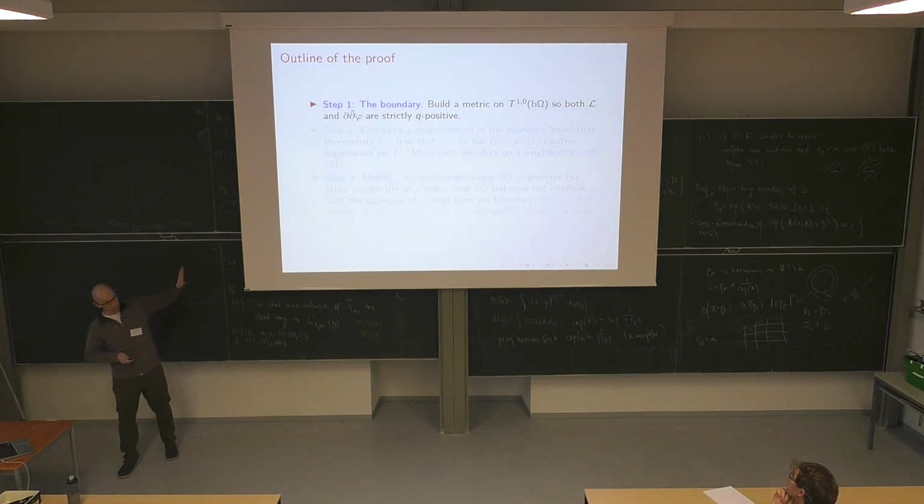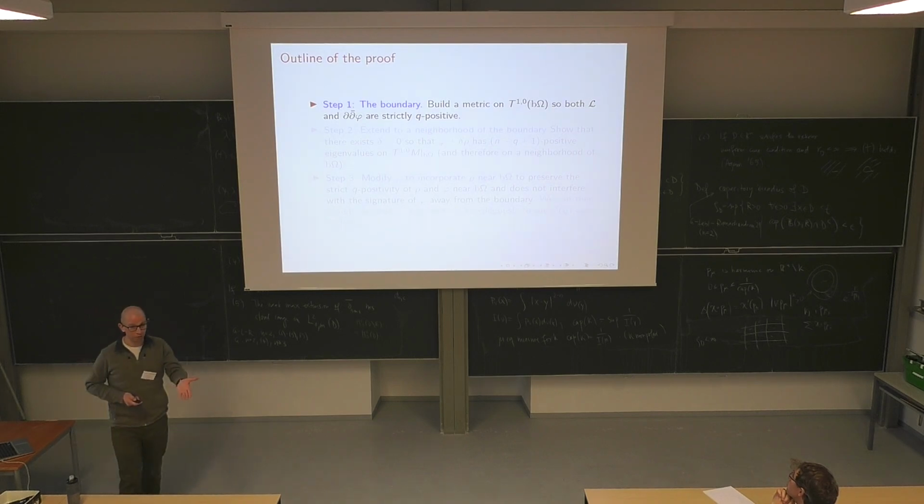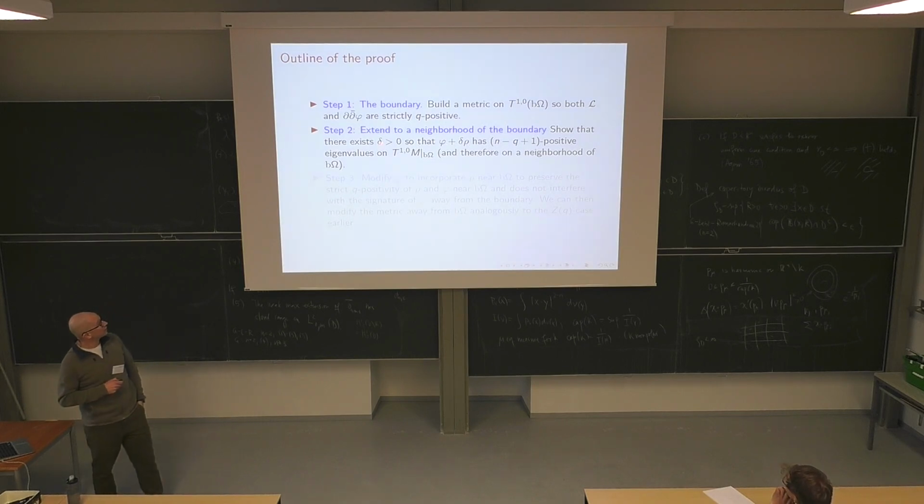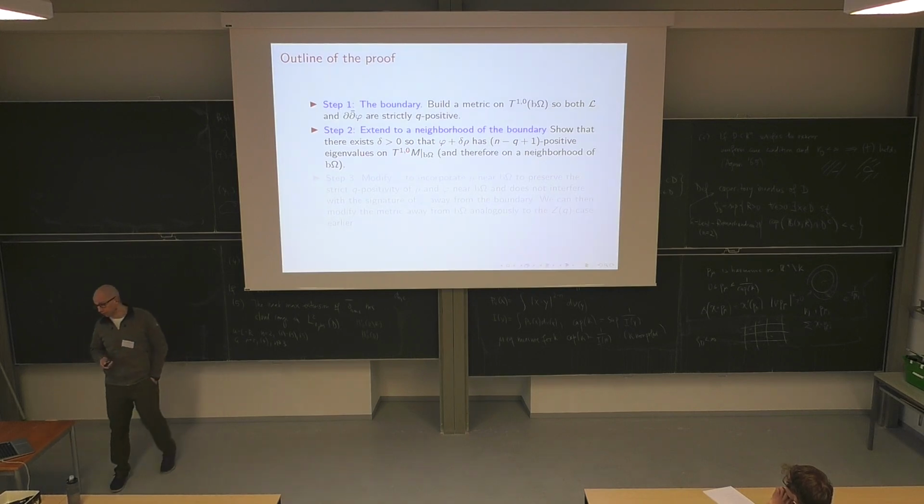Our hypothesis will allow us to do this. But this is just on T^{1,0} of the boundary. And then from here, you extend to a neighborhood of the boundary and show that there exists a delta so that φ plus δρ has n minus q plus 1 positive eigenvalues on the boundary, and therefore in a neighborhood of the boundary.